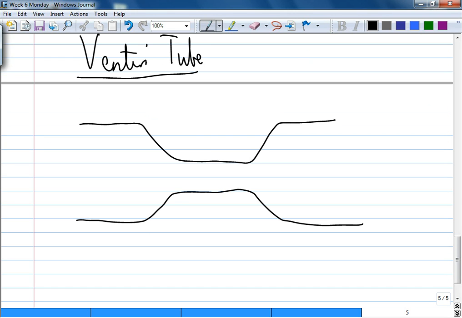A Venturi tube is basically a gradual contraction, and then after that it expands back. So it's a tube with a gradual contraction. I only draw a 2D view of it, but it's actually a tube. And this part is a bit like a cone, conical. This part is also another tube. So there's a gradual contraction into a small tube, then into a bigger tube, exactly like in your lab, isn't it?